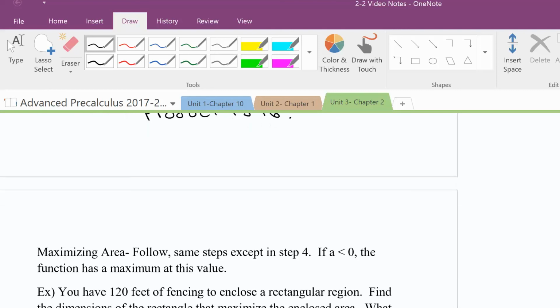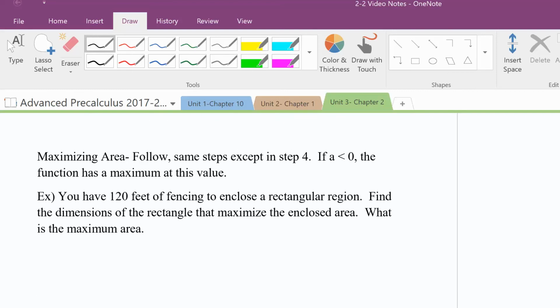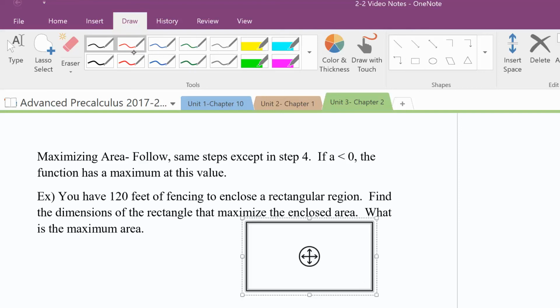All right, last one here, it says maximizing an area. So if you want to find the maximum value of an area, so we have a rectangle here. And you have 120 feet, so the perimeter is 120.